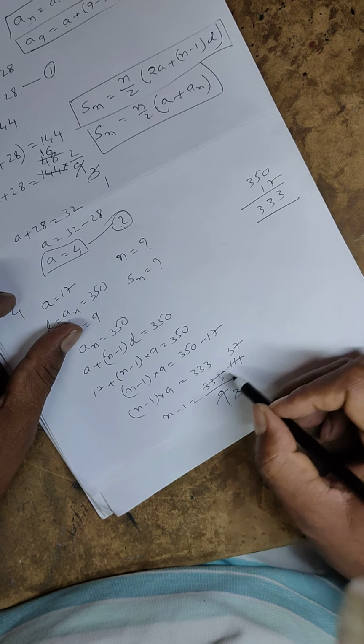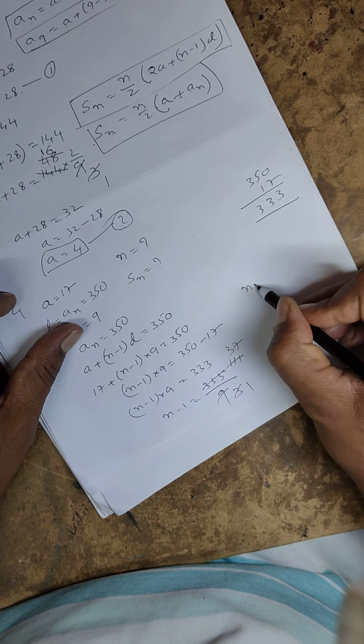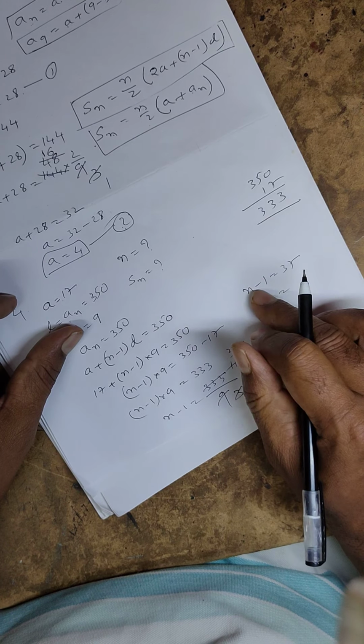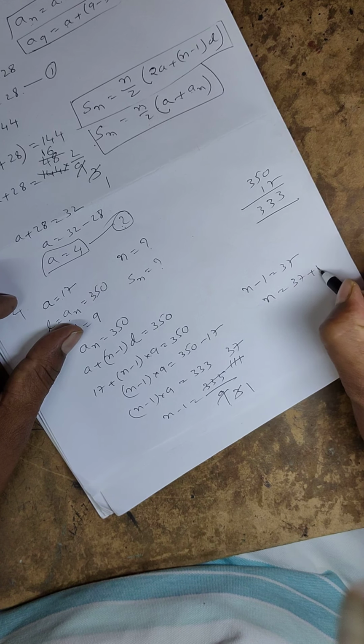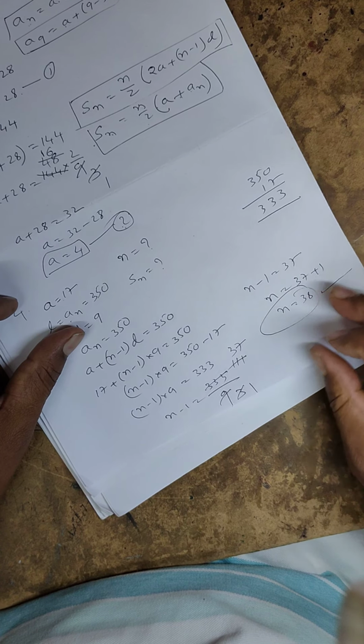So you are getting n minus 1 is equal to 37. Then n is equal to 37, minus 1 transposing to the right hand side becomes plus 1. So n is equal to 38. So we got the n value.